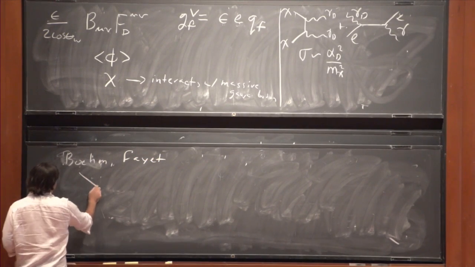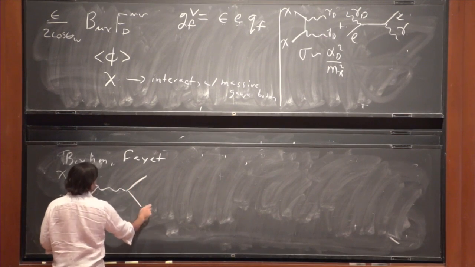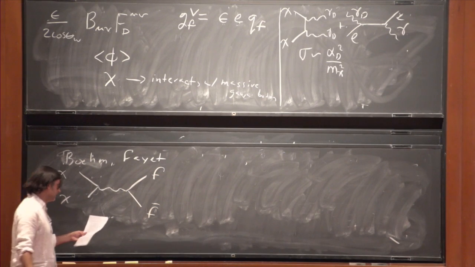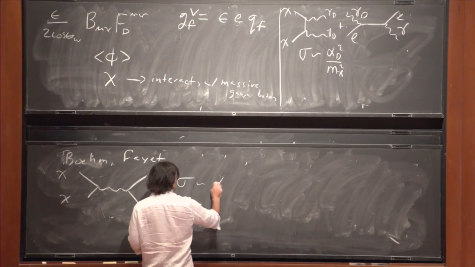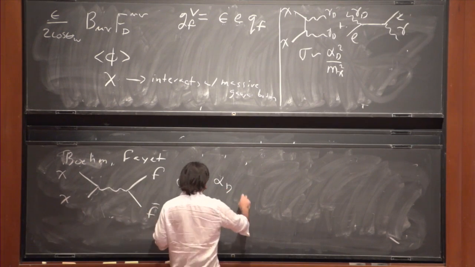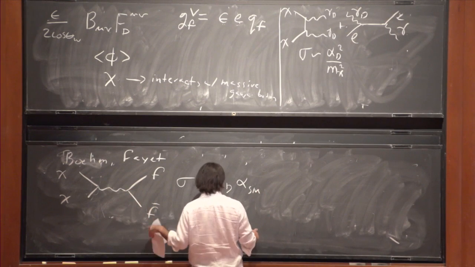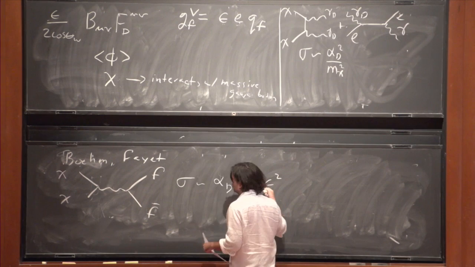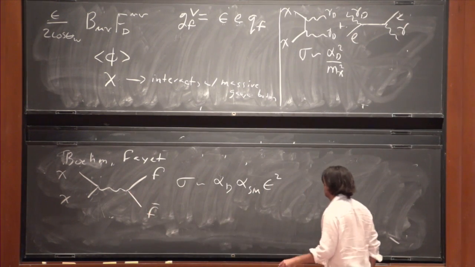There, if dark matter is charged under this U(1), and you're directly annihilating into standard model fermions, then parametrically this cross-section goes like alpha dark from the dark matter interaction, alpha standard model from this interaction, so alpha electromagnetic generally, epsilon squared, because the coupling constant of standard model fermions is proportional to epsilon.